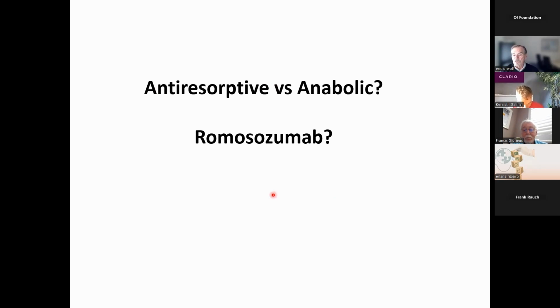The experience with setrusumab makes us very enthusiastic about that potential, and some people with OI are being treated with romosozumab. There's currently a trial being formed up with romosozumab and OI, and it'll take a few years, but we should have an answer to that question at some point.